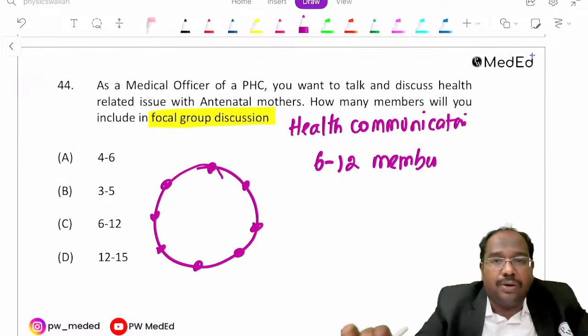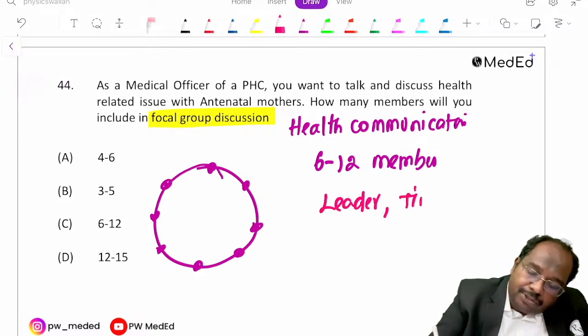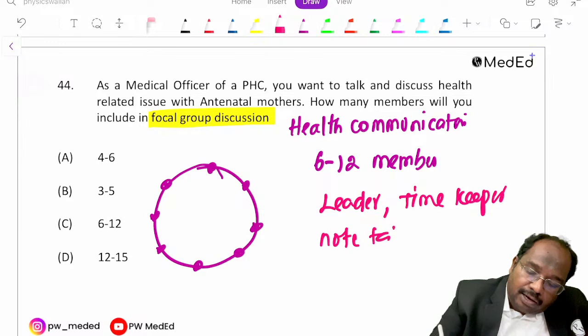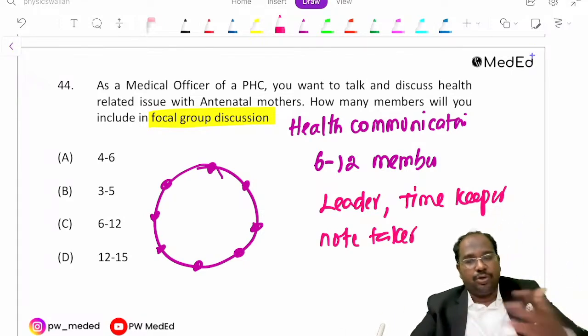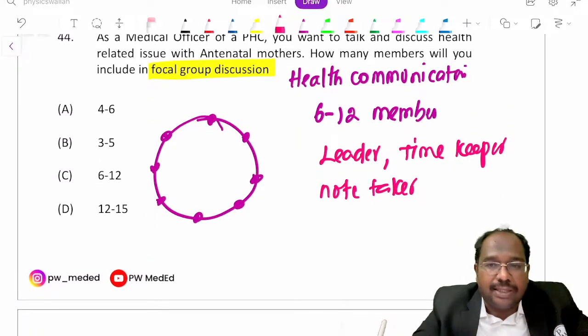They will talk. There should be a leader, a timekeeper, and a note taker, and everybody should participate and talk about their concerns.